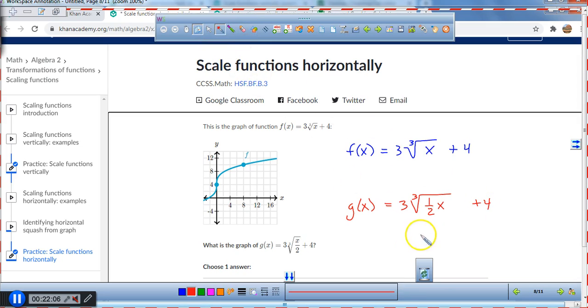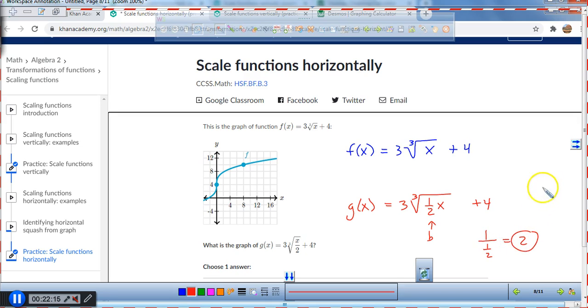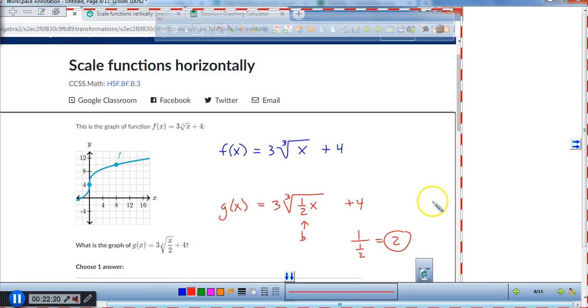So our b value, once again, is 1/2, but we're going to scale it. It's going to be 1 over b, so 1 over a half, which equals 2, which means we are going to be horizontally stretched by a factor of 2.